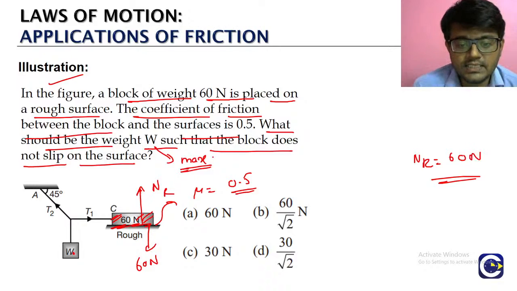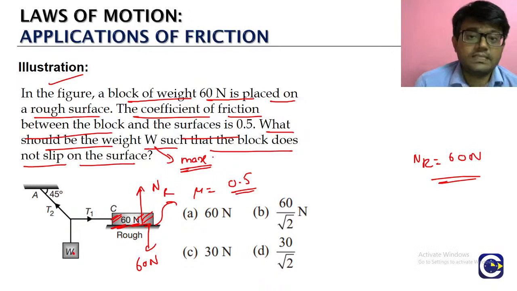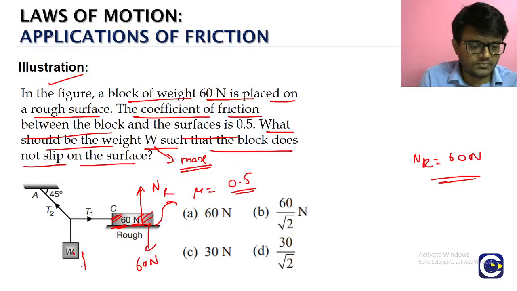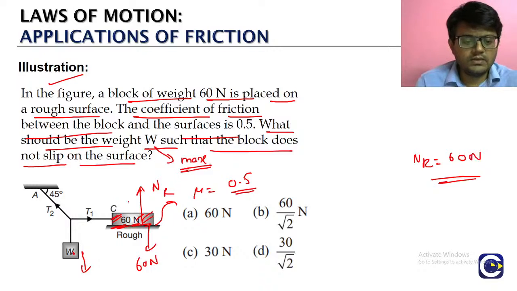So what is the question here? We need to find the maximum weight W so that the block does not slip on the surface. Just think intuitively: as we try to apply more weight, obviously there will be a tension here.